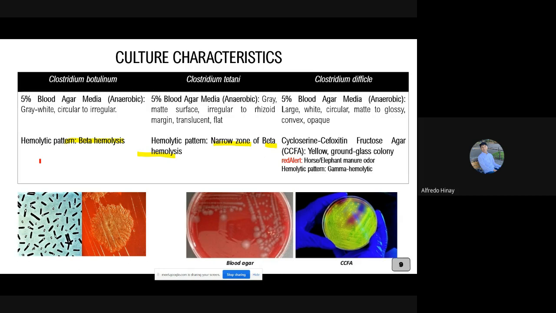Red alert naman tayo dito class that the other production of your Clostridium difficile in your CCFA will produce a horse or elephant manure odor. So, para daw siyang tae ng kabayo class or elephant. Okay? For the hemolytic pattern naman class, compared with the Clostridium tetani and botulinum, they will produce a gamma hemolysis.